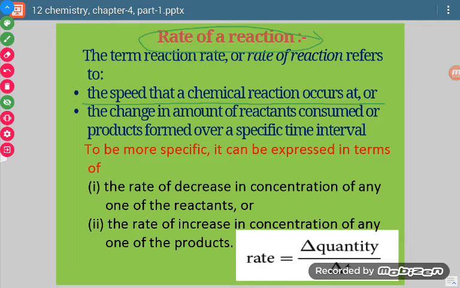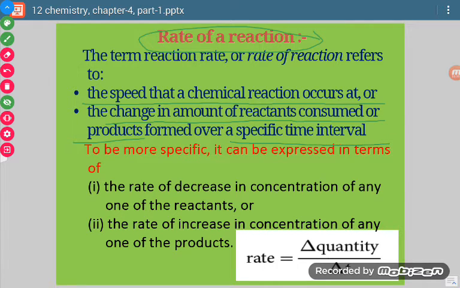Okay. And what other information does it give? It gives the change in amount of reactants consumed or produced. Okay. In case of reactants it will be consumed, and in case of products it will be formed. Okay, so it is the change in amounts of reactants consumed or amount of products formed over a specific time interval.